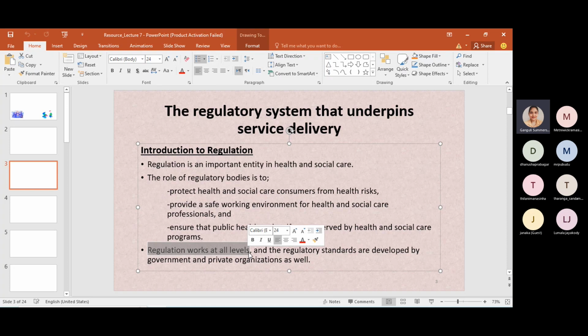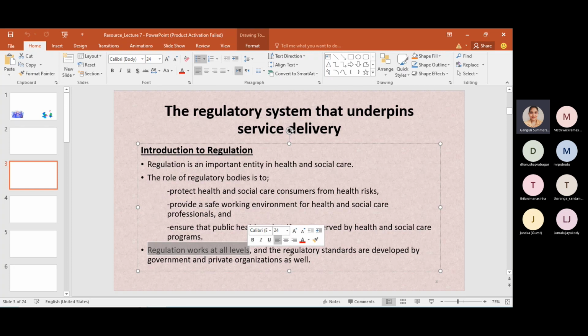All levels means regulation should happen in all sorts of companies and workplaces. Even newly started organizations should go through regulation.